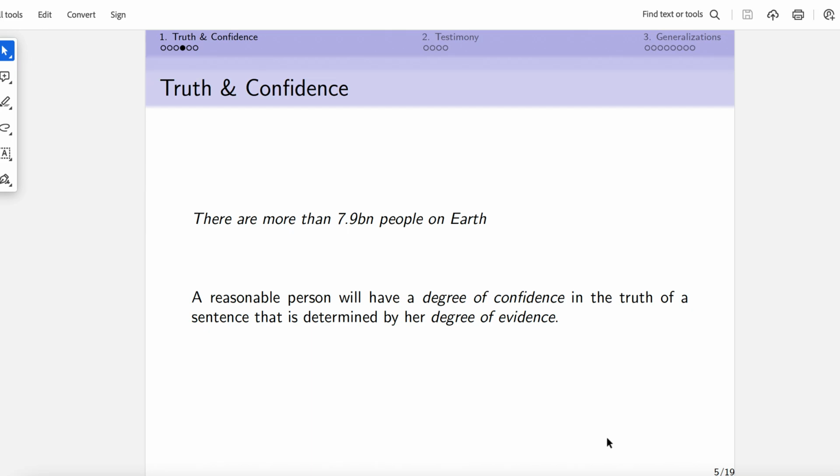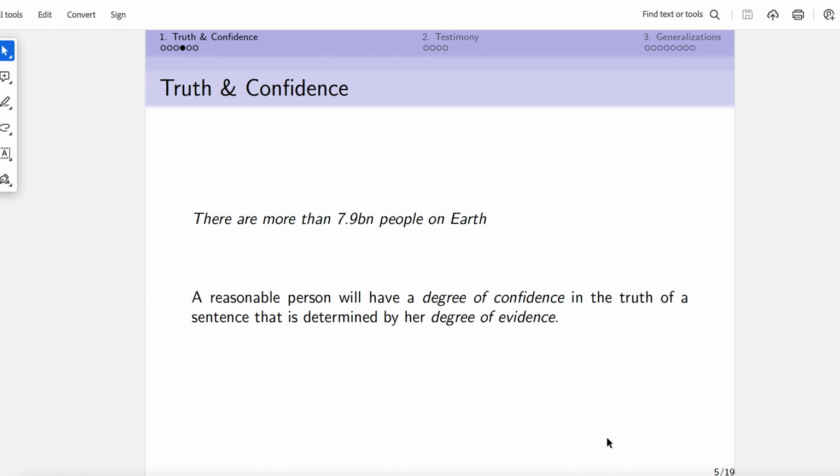As I mentioned, some sentences that we probably believe do have determinate truth values, like there are more than 7.9 billion people on Earth, are sentences that I might not know, maybe you don't know.